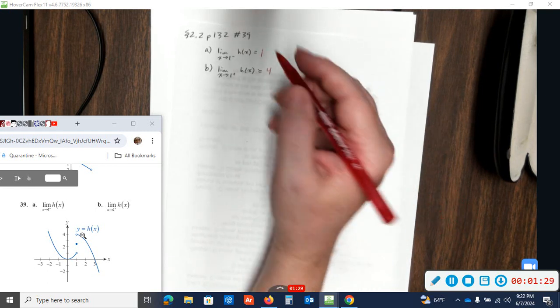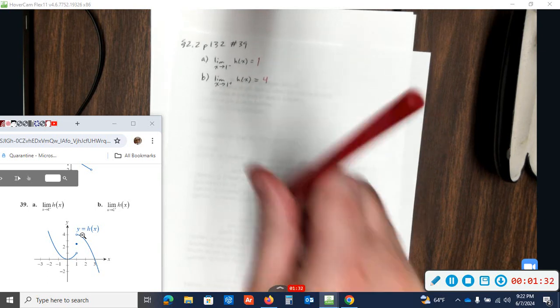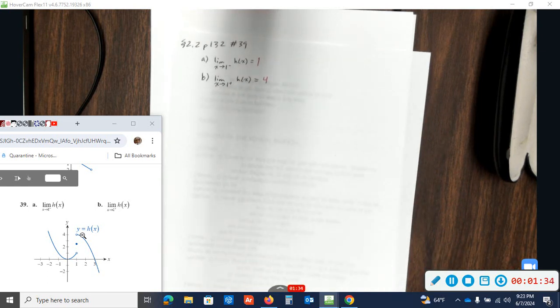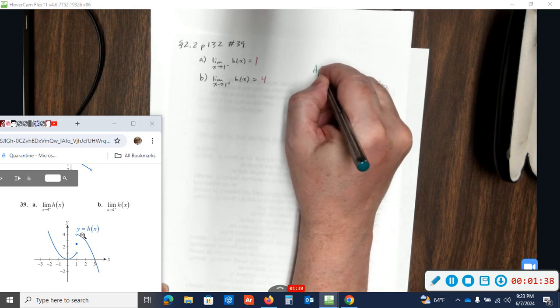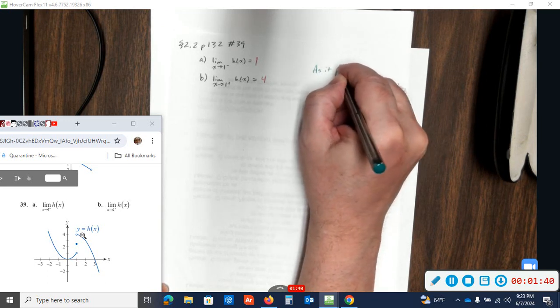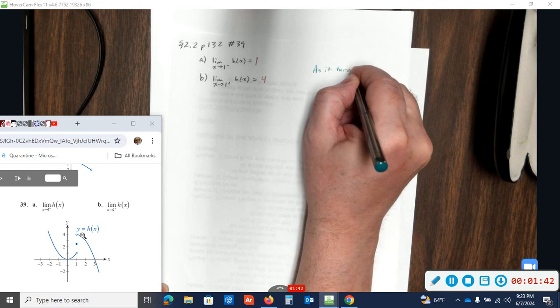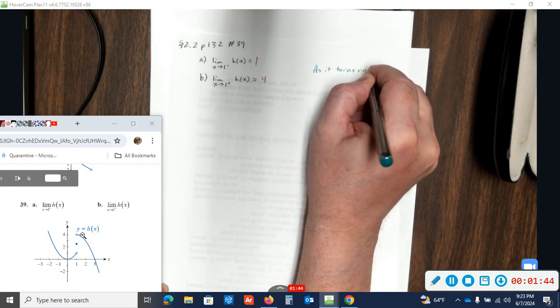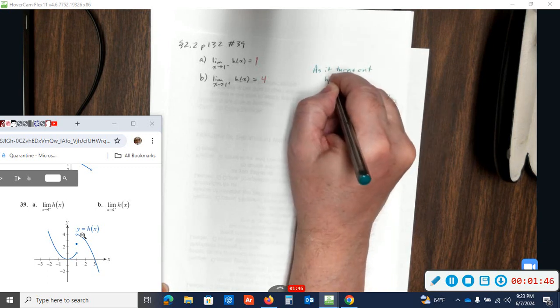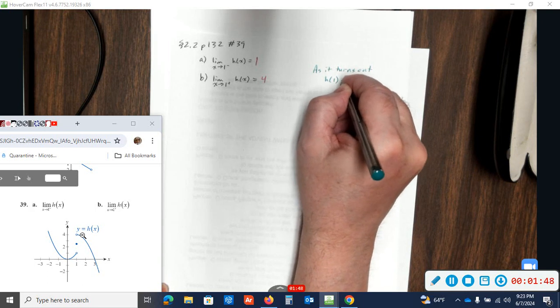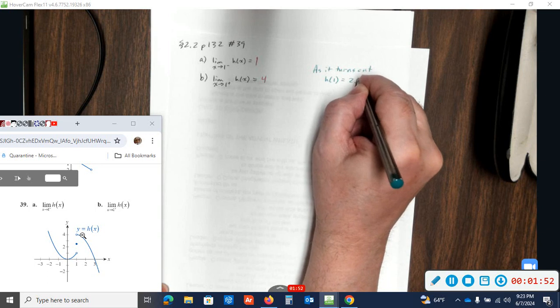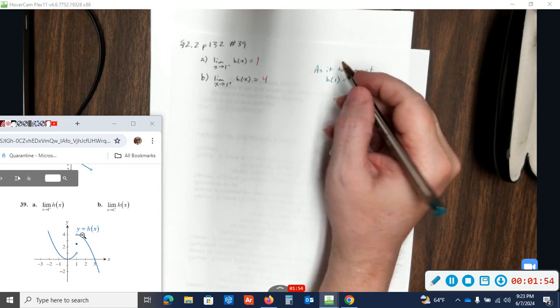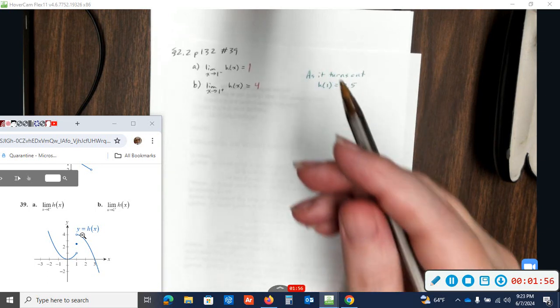And as it turns out, h of 1 is about 2.5, which is not the same as either of these.